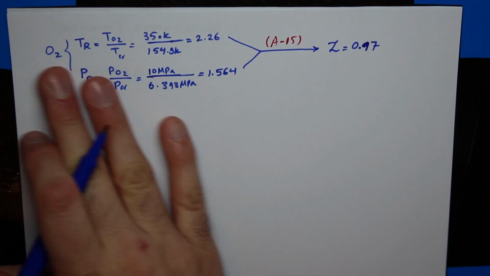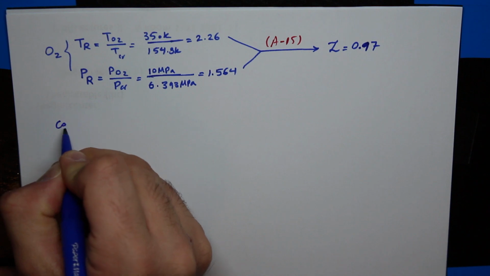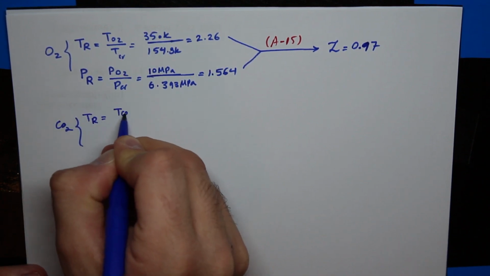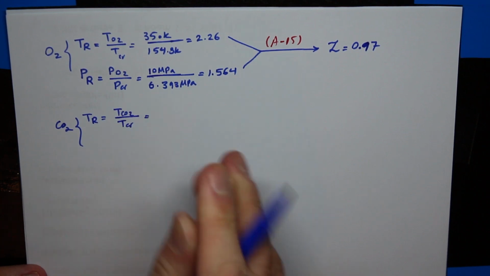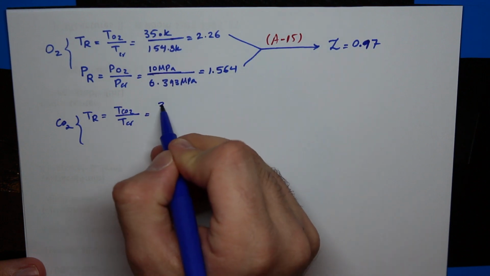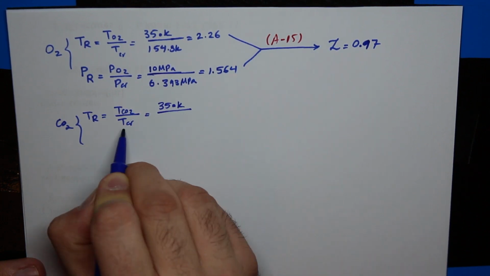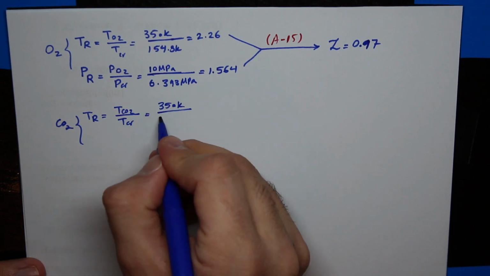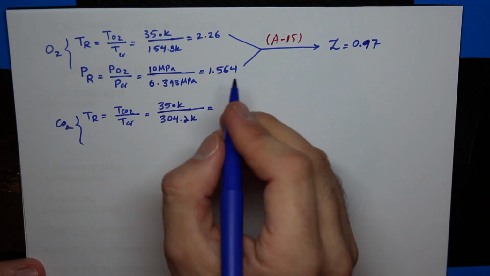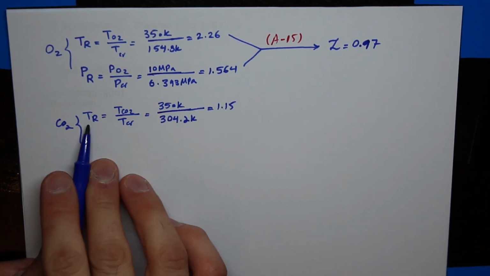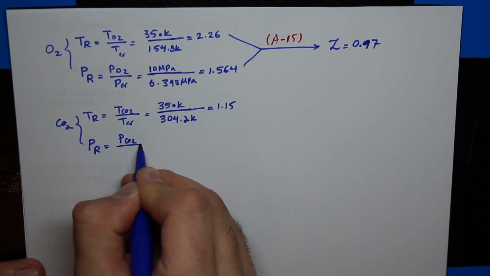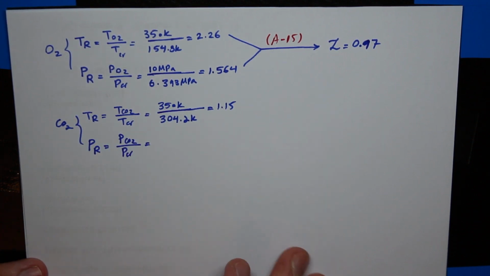Now I'm doing exactly the same thing, but this time for CO2. The reduced temperature is the temperature of CO2 over the critical temperature of CO2. The temperature as well as the pressure are the same, so 350 Kelvin, only this value changes. It will be 304.2 Kelvin, and that gives me 1.15 for the reduced temperature. For reduced pressure, I will have the pressure of CO2 over the critical pressure of CO2.